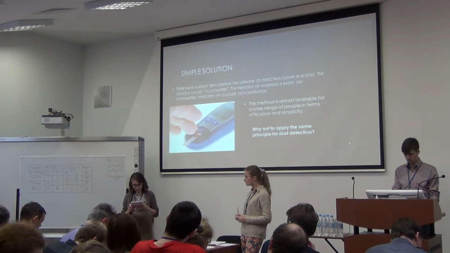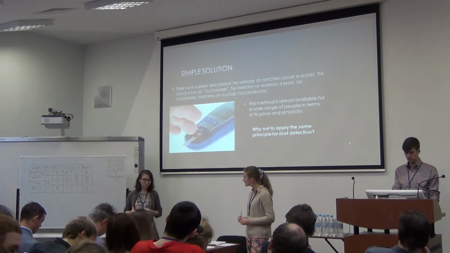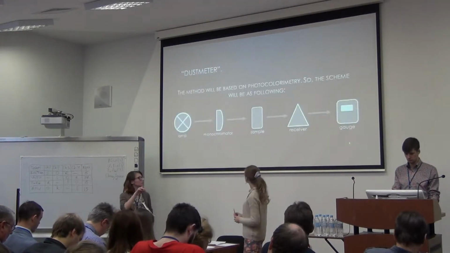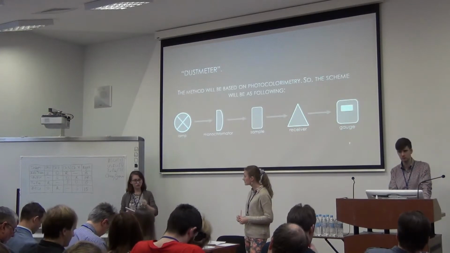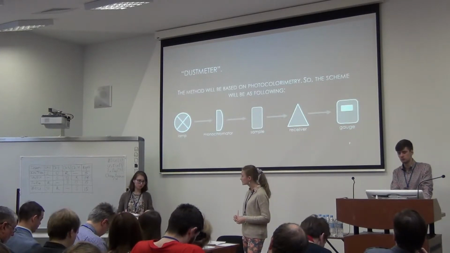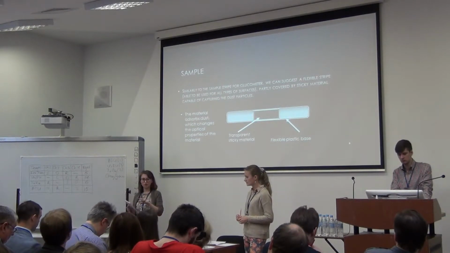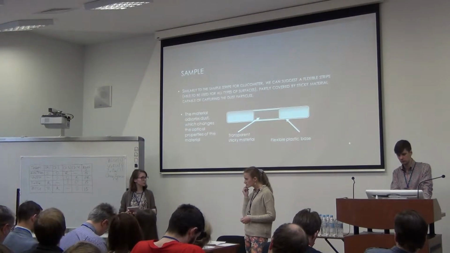Then actually about laser scattering, we do not use the principle of actual photometry. We use a method when several kinds of dust are put on the stripe. Then we put it into our device.